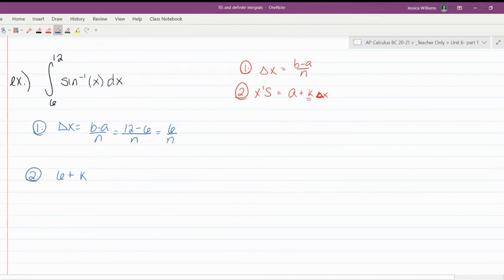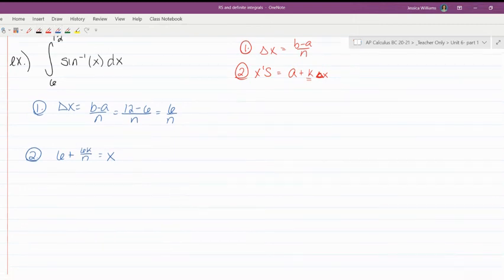Let me rearrange it a smidge: k times 6 over n, so 6k over n. These are your x's, friends. This is what x is, so that's what you're going to plug into your function.